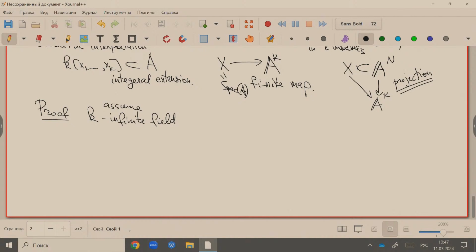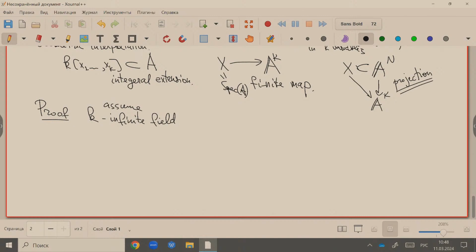You first look at all possible solutions over the algebraic extension, and then you look at those that belong to this subfield. If you take a finite field and its algebraic closure, you will get an infinite field. So you can reduce to this situation, but this is not an operation that preserves the field of coefficients.